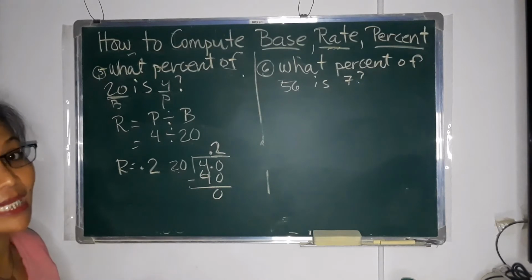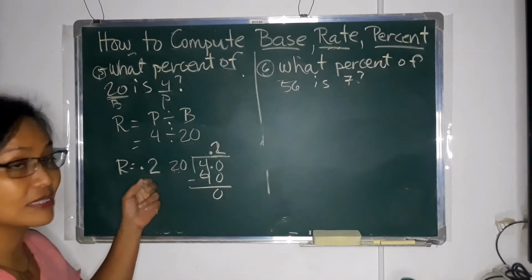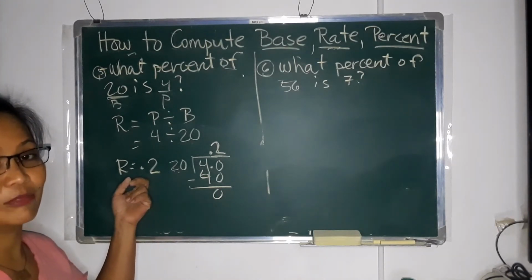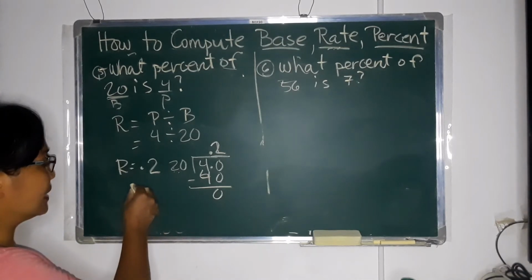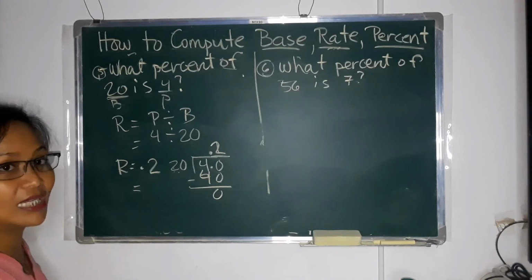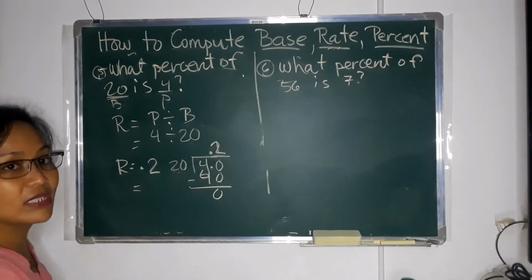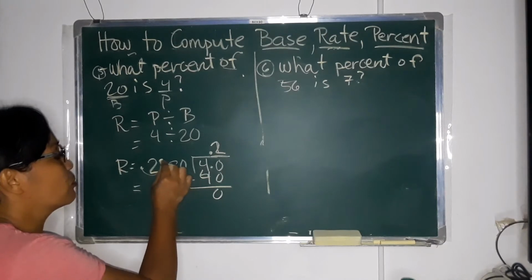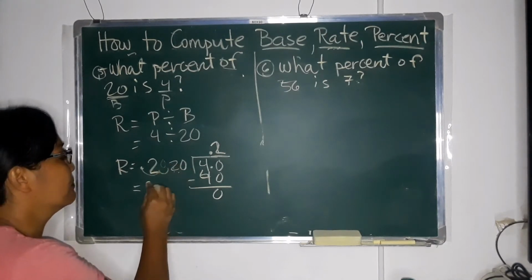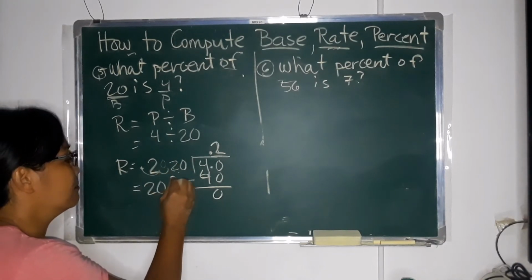Pero, syempre, gaya ng sinabi ko, ito ay nasa decimal form pa rin siya. Kailangan muna natin i-convert into percent. So, pag-convert ng decimal to percent, i-move lang natin yung decimal going to the right twice. 1, 2, so, kung may bakante dito, lagyan ng 0. So, 20%.